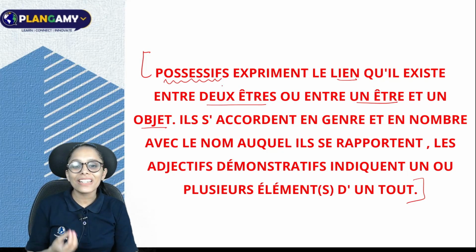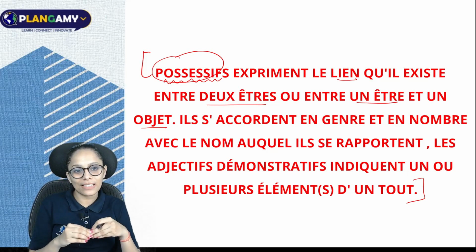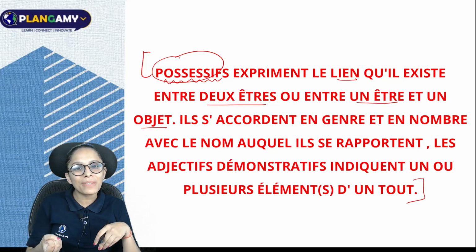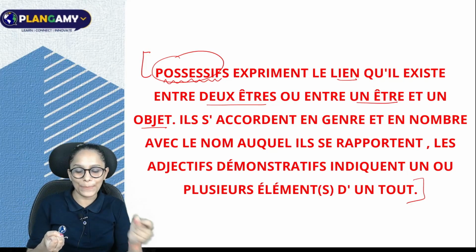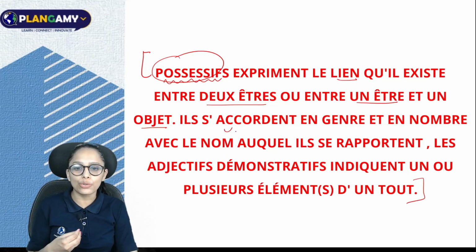So basically, possessive means a link that exists between two beings or two human beings or between a human being and an object. Always remember that whenever you are writing adjective possessive, you have to do an agreement or accord with the gender and with the number.